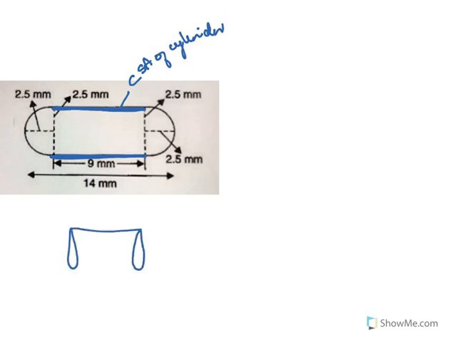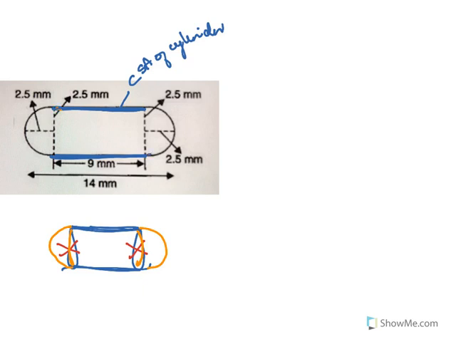They take only this part. This part is not taken because here it is attached to the hemisphere. Even for the hemisphere, this part of the hemisphere is not taken. Only the outer surface is to be taken. So here this is the CSA of the cylinder.